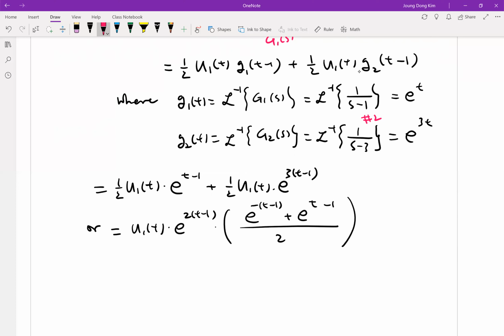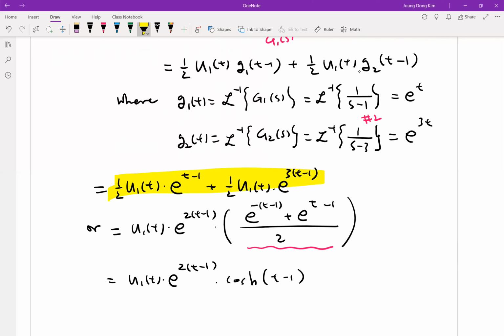Do you remember this? That is the hyperbolic cosine, so it is equal to u1(t) times cosh of (t minus 1). A much simpler way, but I don't know if this is simpler for you or not. Don't worry about it; as long as you can find it this way, it is perfect. Thank you.